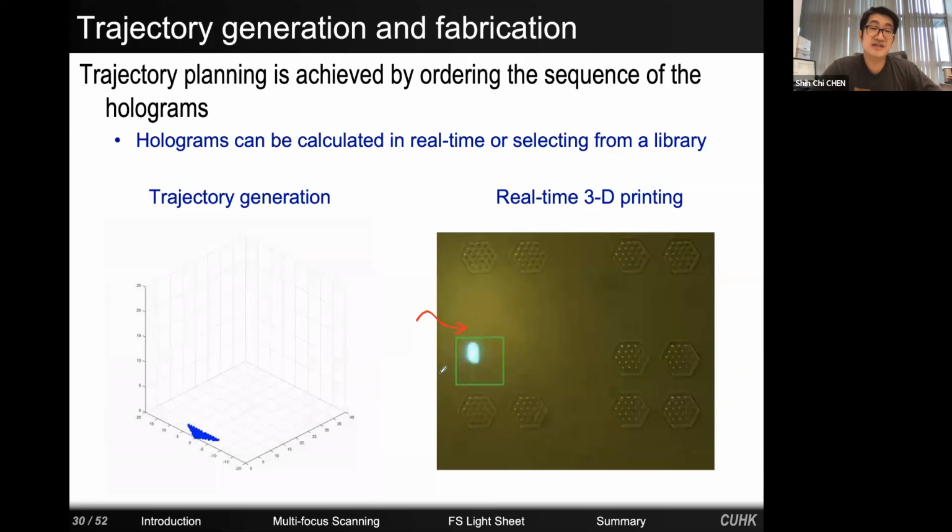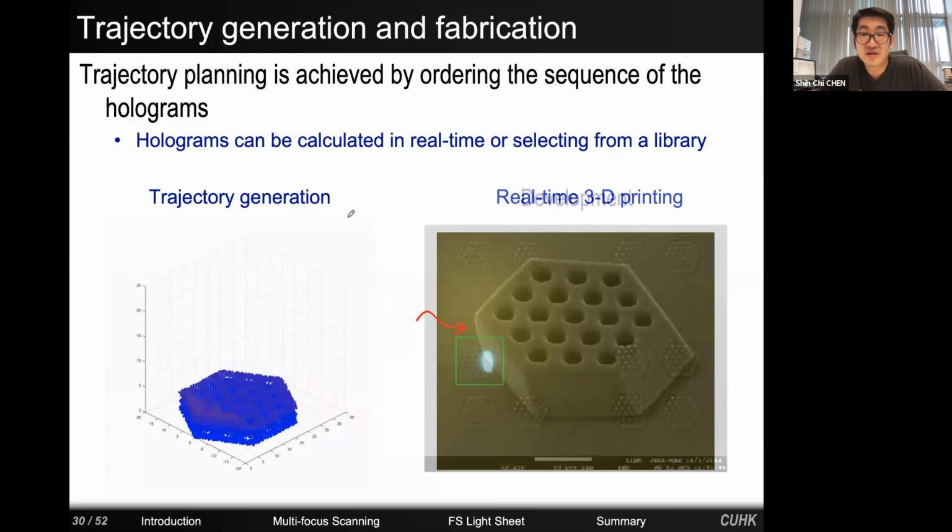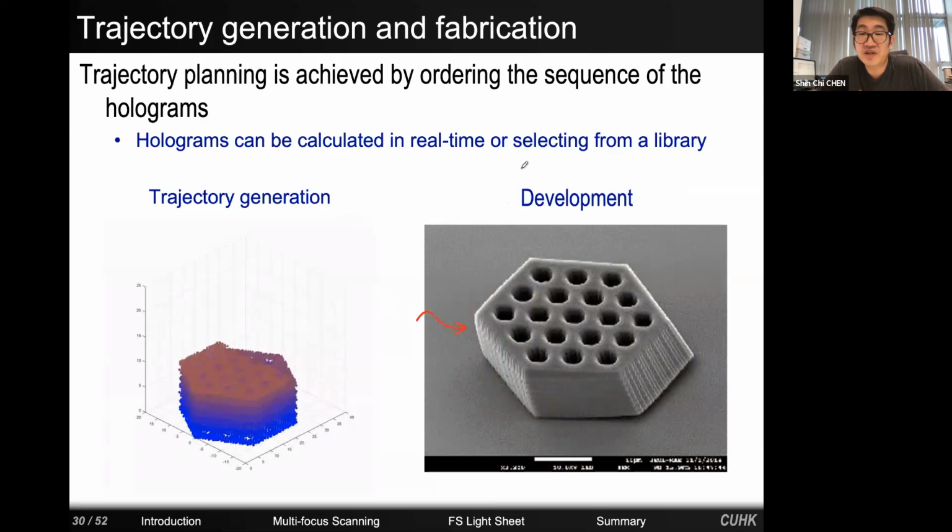In the DMD scanner, this can be done easily because whichever direction you want to print, you just alter the sequence of the binary holograms in the DMD memory, and the scanning path will change accordingly. After development, this is the structure that you will see in an SEM.